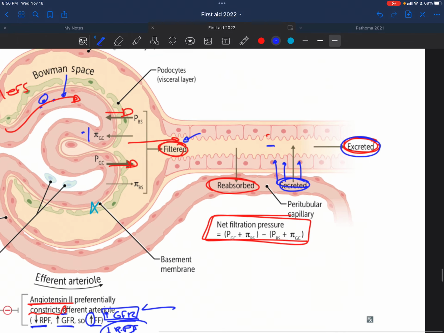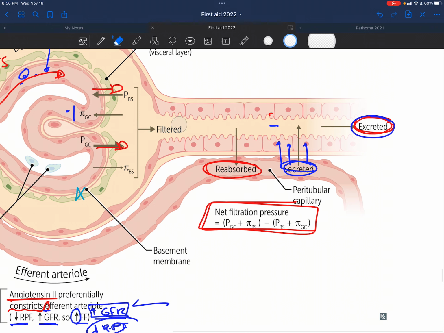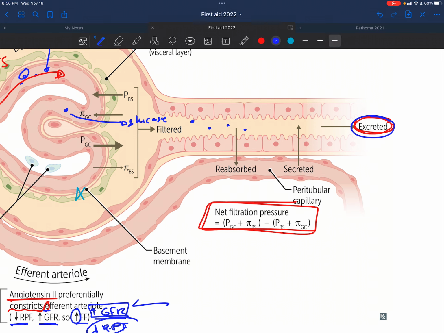So if we take a look over here, we are filtering some of the glucose particles, okay, and they are moving over here within the urine, but then we remember that we need all of that glucose back in the blood. So what we do is completely reabsorb it into the blood in the proximal convoluted tubule.